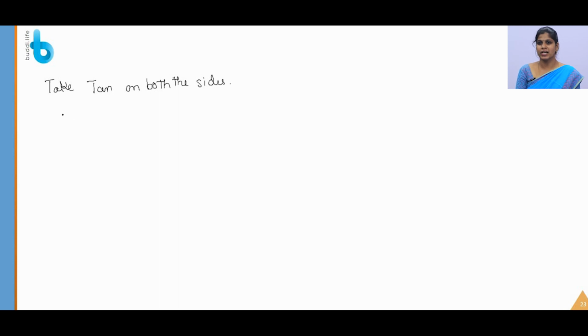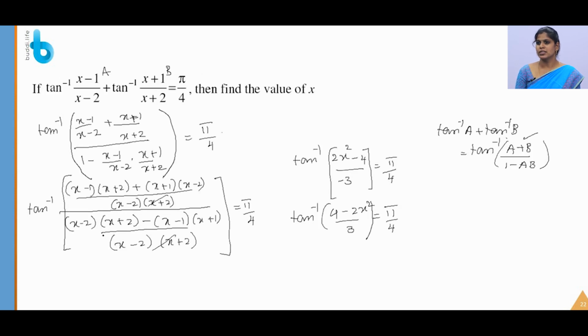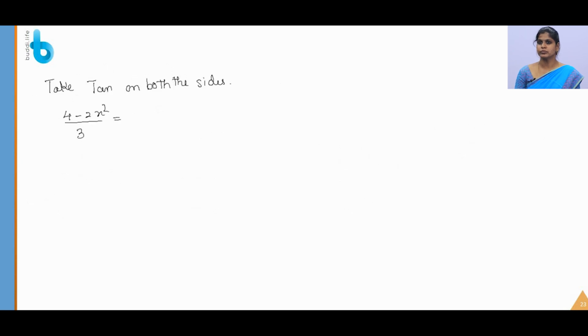We'll have (4 minus 2x square) divided by 3 equal to, if we take tan on both the sides, tan and tan inverse get cancelled, and we'll have tan pi by 4. If you want, we'll write the step: the function is tan inverse of this term equal to pi by 4.